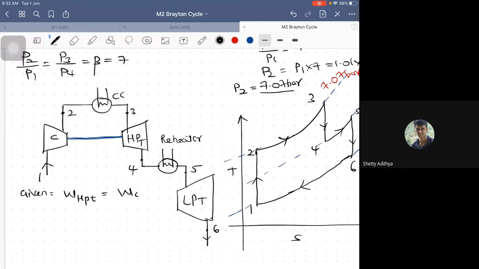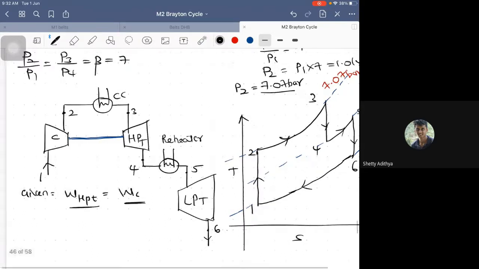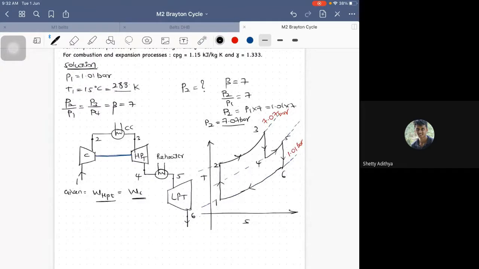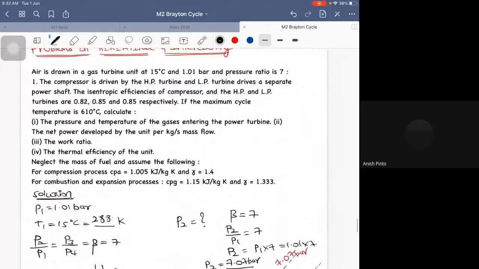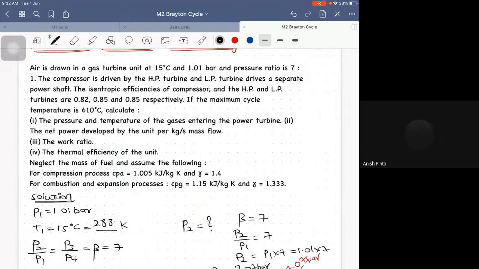Therefore, the work of HP turbine is equal to work of compressor? Yes. So here clearly it is being given. The compressor is driven by HP turbine, and LP turbine drives a separate power shaft, he says.